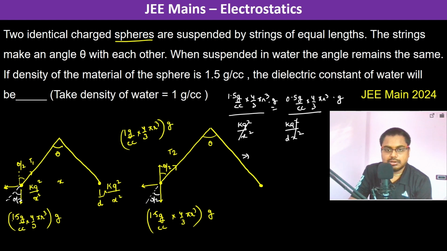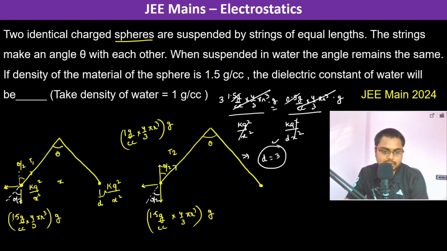Gone, these all things are gone, and this is just 3, so therefore d becomes 3. So now what we have done here is we have taken the ratio, of course this is cot theta by 2.